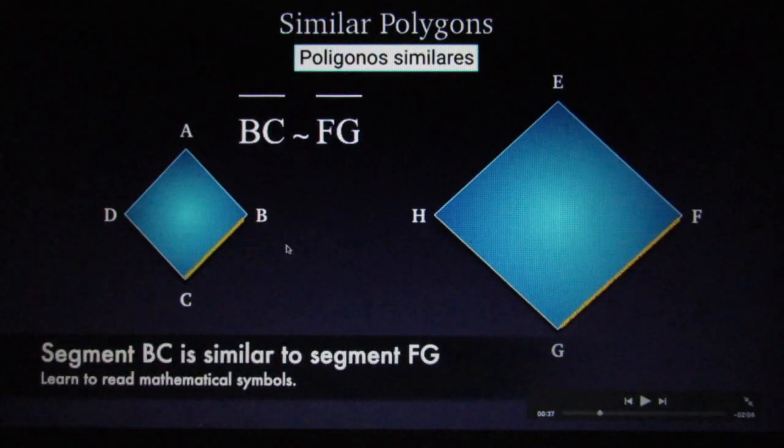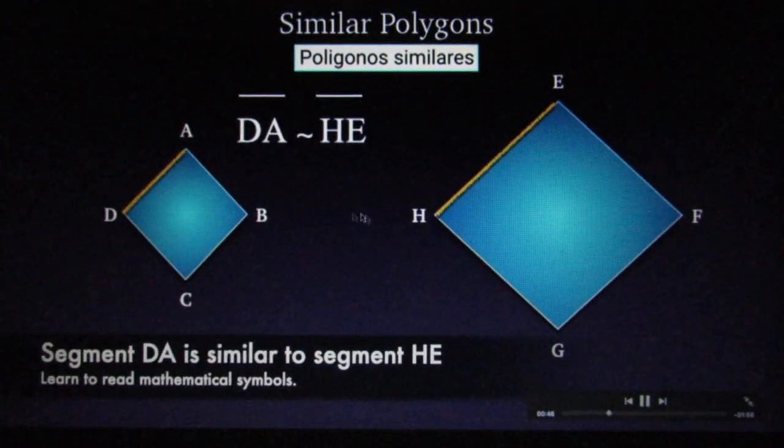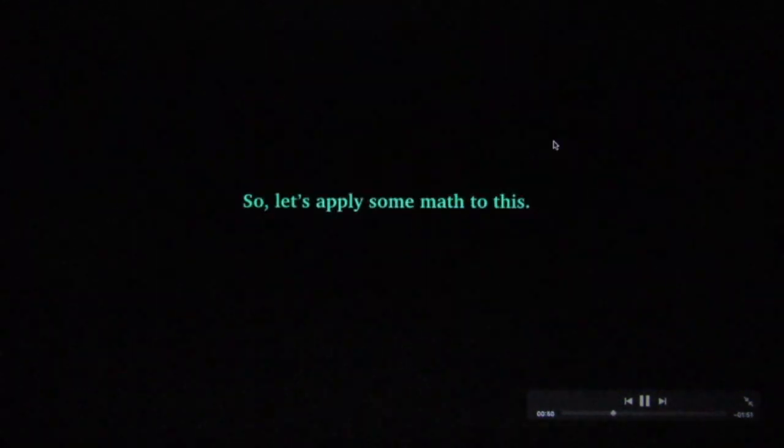And of course, segment BC is similar to segment FG, again in the exact same position. Of course, that is true about CD being similar to GH, and DA is also similar to HE.